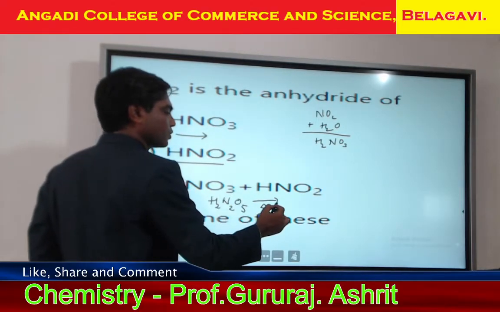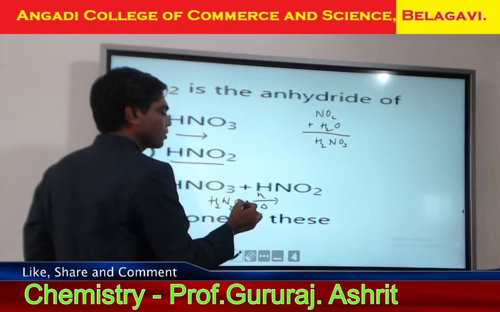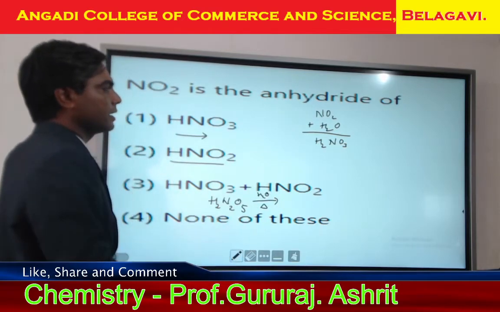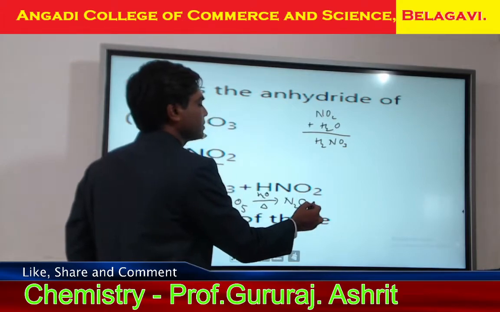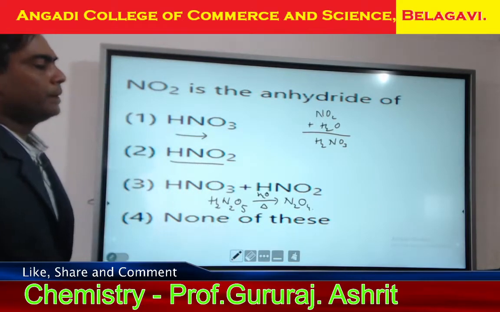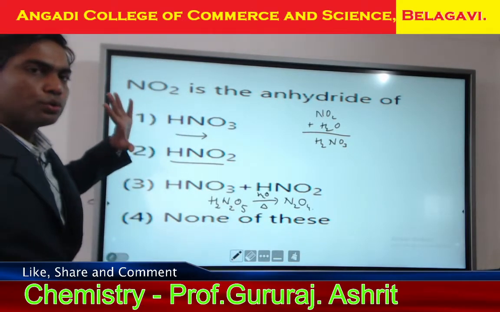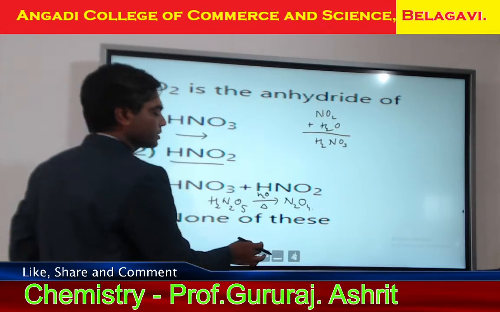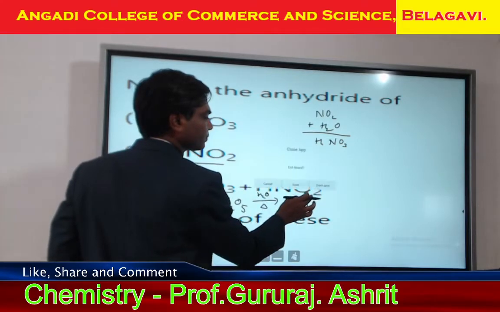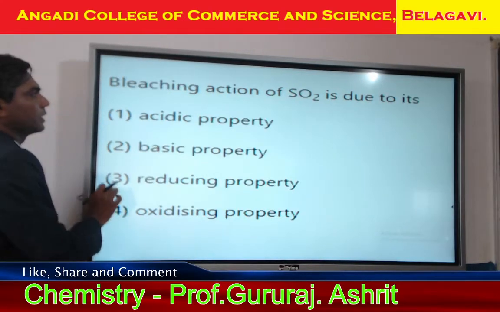I will remove H2, I will remove one oxygen here, and I am left with the compound that is called N2O4. And this N2O4 will be the dimer of NO2. Therefore, the answer is the third one, HNO3 plus HNO2. Next question.